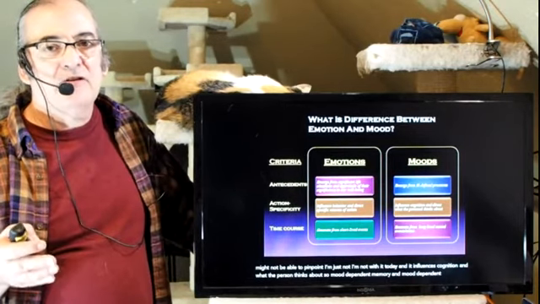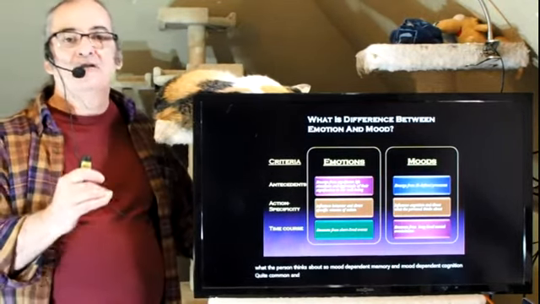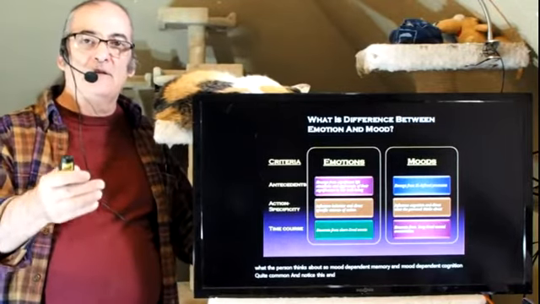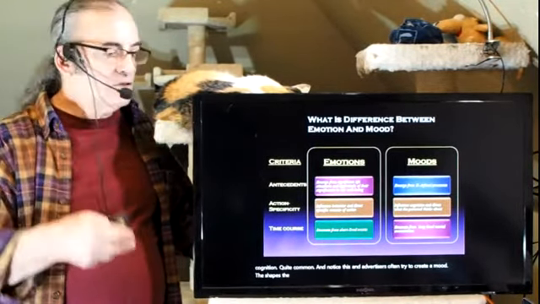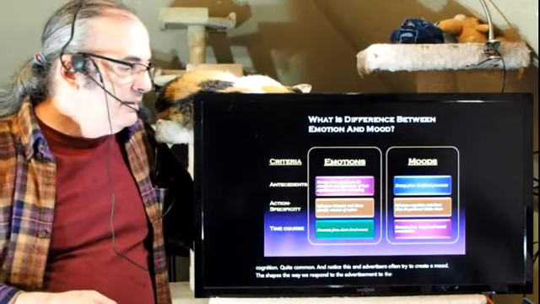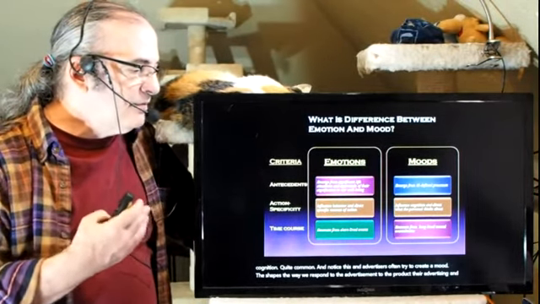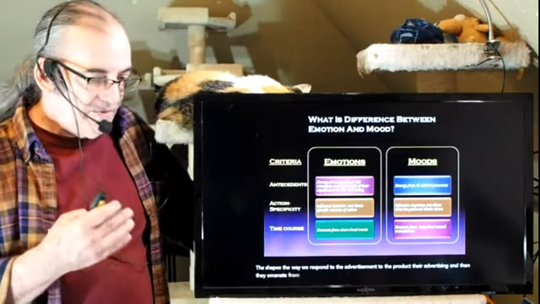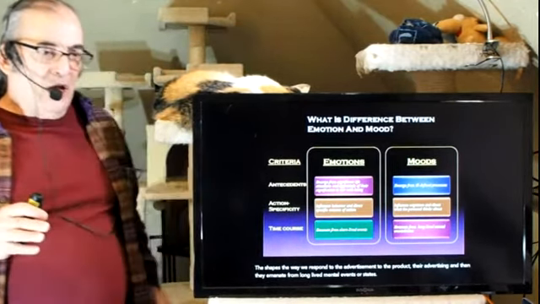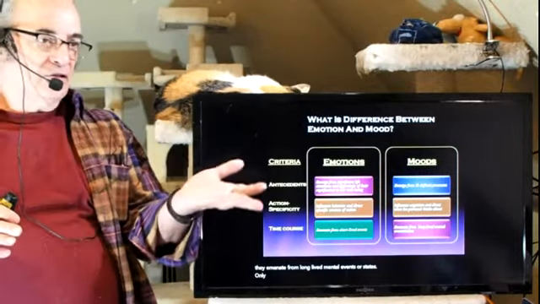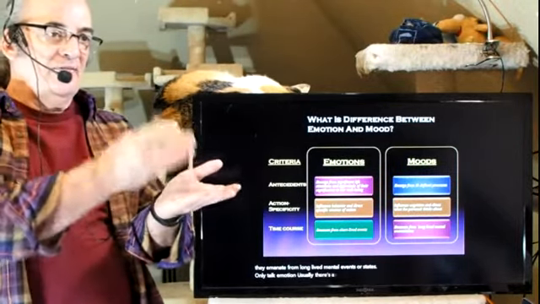And notice advertisers know this, and advertisers often try to create a mood that shapes the way you respond to the advertisement, to the product they're advertising. And moods emanate from long-lived mental events or states. When we talk emotion, usually there's a specific stimulus that evokes an emotion.